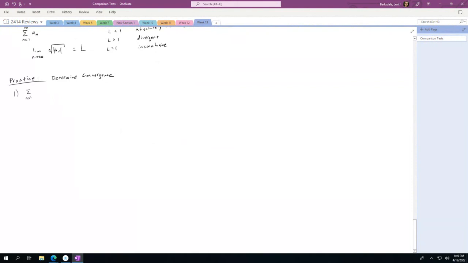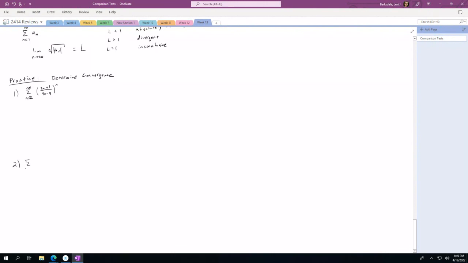First, we're going to have the sum from 1 to infinity of 3n plus 1 divided by 4n minus 4. Actually, we're going to make that the sum from 2 to infinity, so our first term isn't undefined.